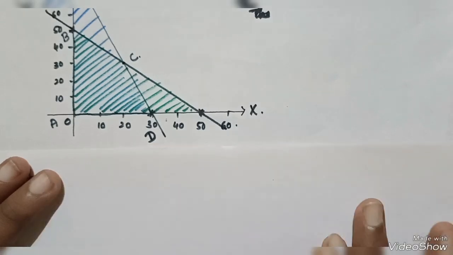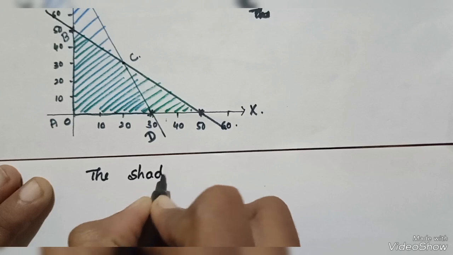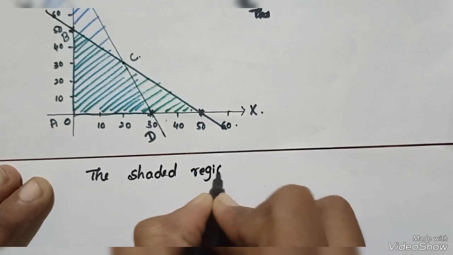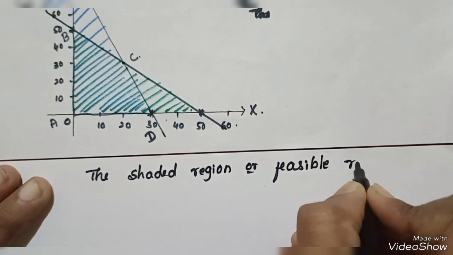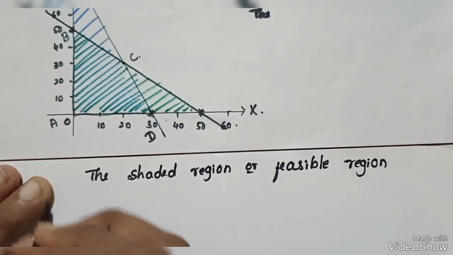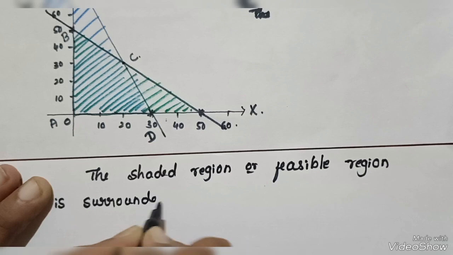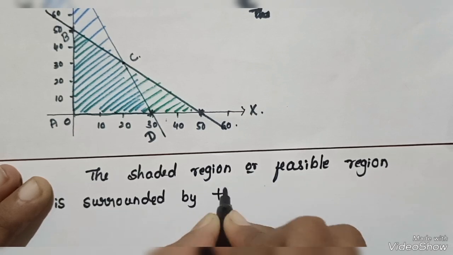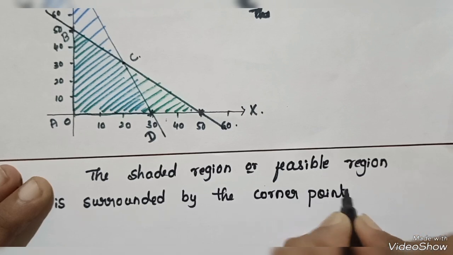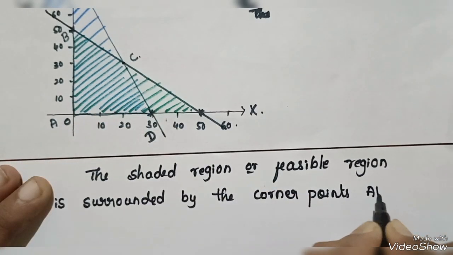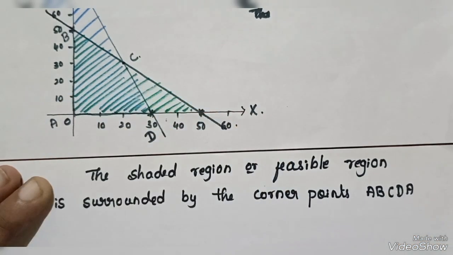After the graph, we have to write that the shaded region or feasible region is surrounded by the corner points, that is A, B, C, D, A. This is the region surrounded.